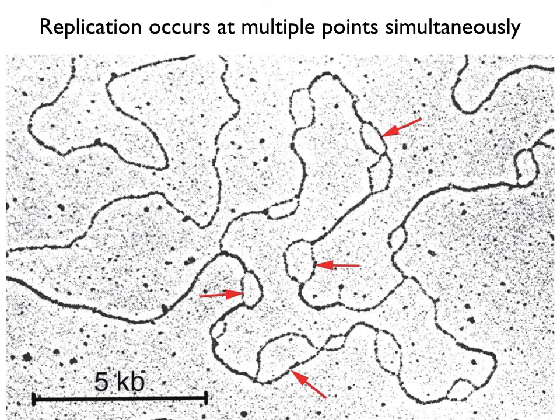If you look at that very top red arrow, you will see that 2 different replication bubbles are about to meet. Once they intersect one another, the replication is done. Those gaps will get cleared of primer RNA by DNA polymerase and gaps filled in, and they are going to keep pushing in opposite directions, but they're done filling in the gap in between.